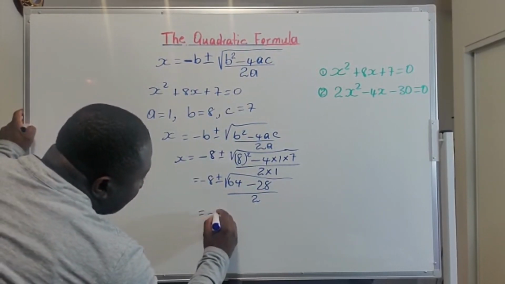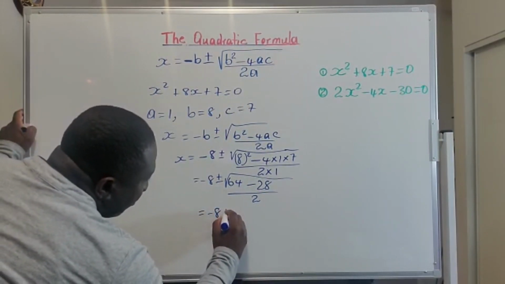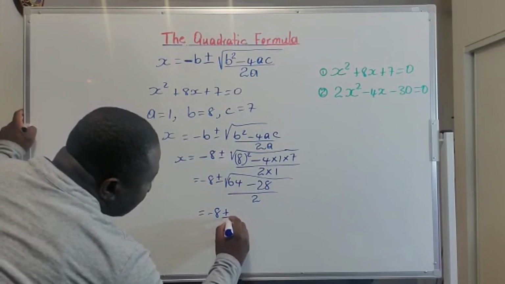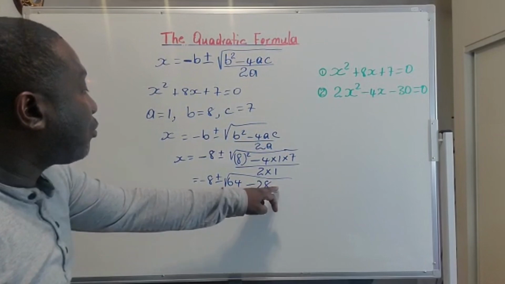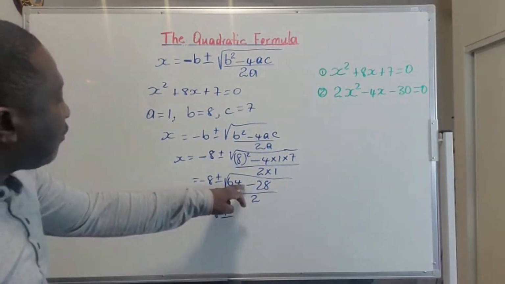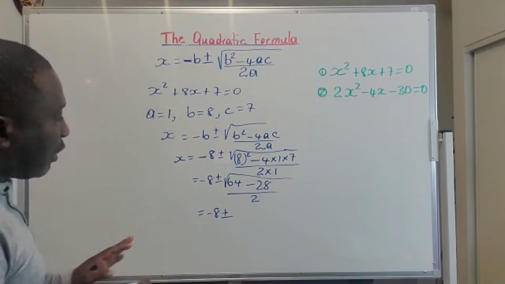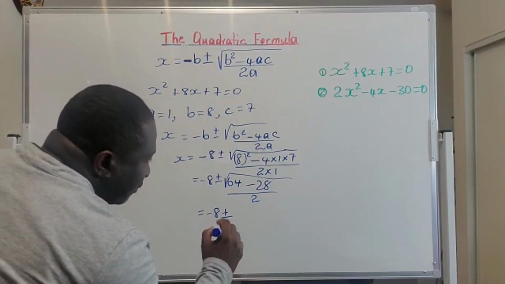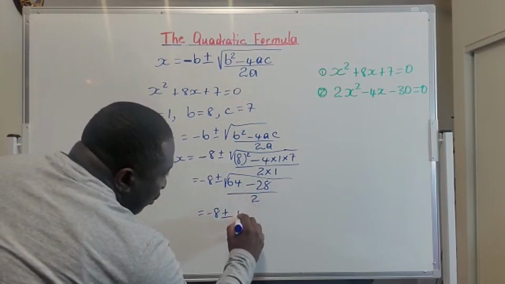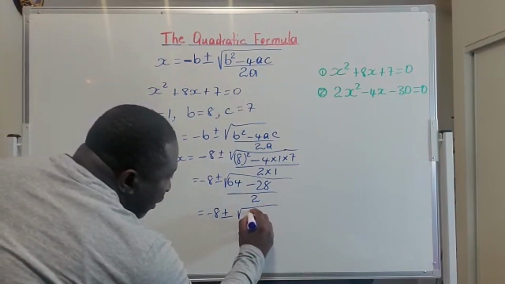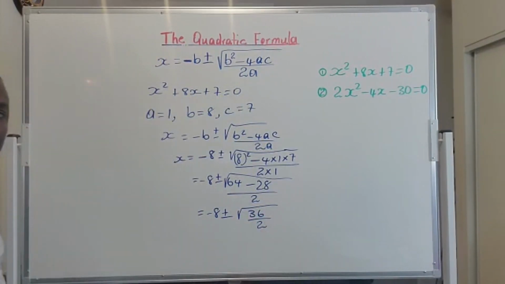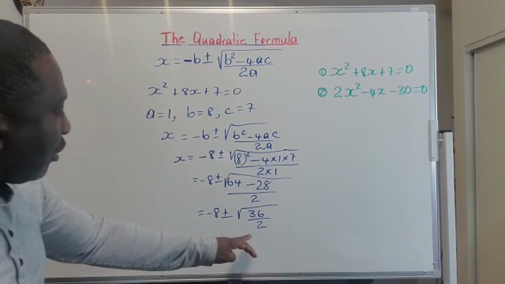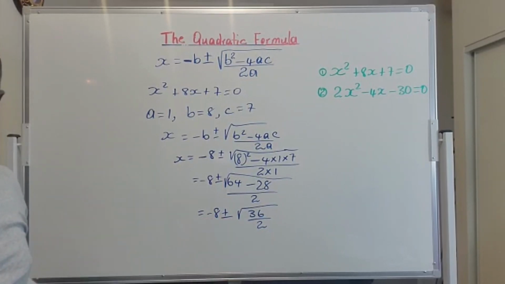Equal negative 8 plus or minus. So what we'll do in this case is to subtract 28 from 64, which will leave us with 36 all over 2. So this becomes 36 all over 2.